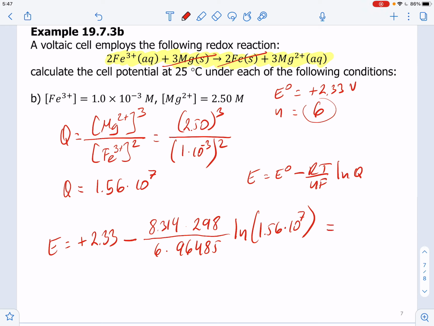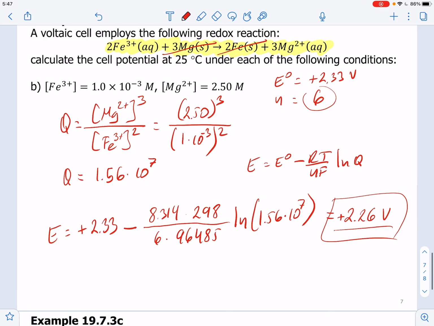And what we get out of here is 2.26 volts, positive 2.26 volts. So now we have a more significant change here. Still, you might consider that it's small, but more significant than in the previous case. Okay, so when the concentrations of magnesium and iron are like that, then the potential of your cell changed to plus 2.26 volts.